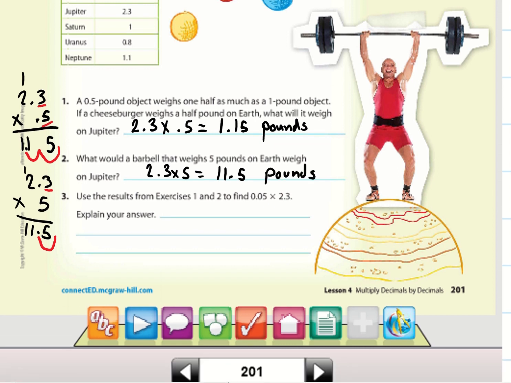Number 3, using the results from exercises 1 and 2, find 500th times 2 3/10 pounds. Explain your answer.